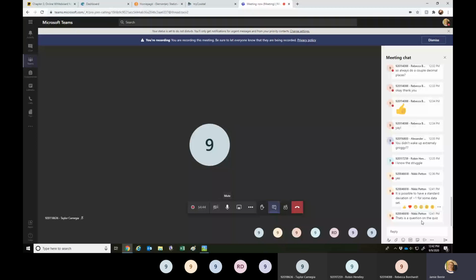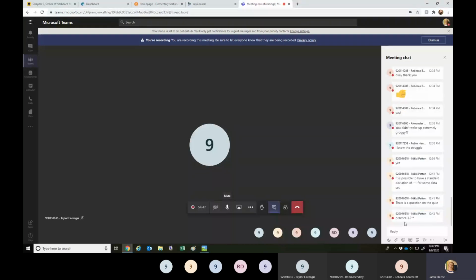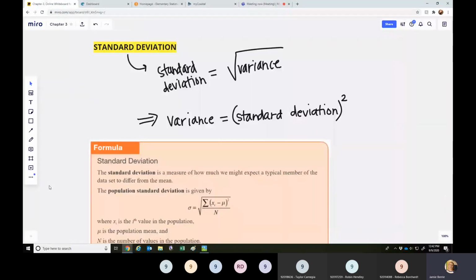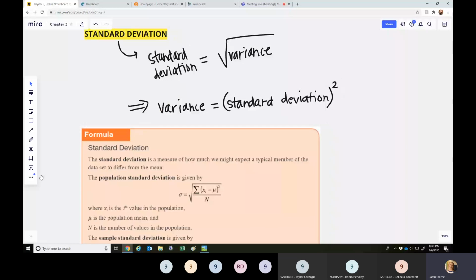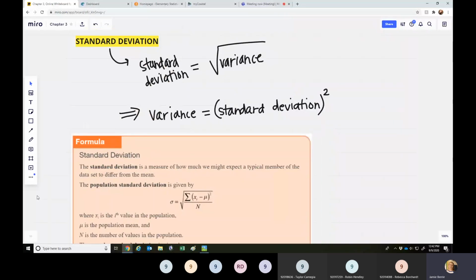That's a question on the quiz. Oh, on the practice quiz. Yes. I must have put something about, could you have a negative standard deviation? I haven't finished writing my answer key yet. I'm really slacking. I'm looking at the practice quiz right now.